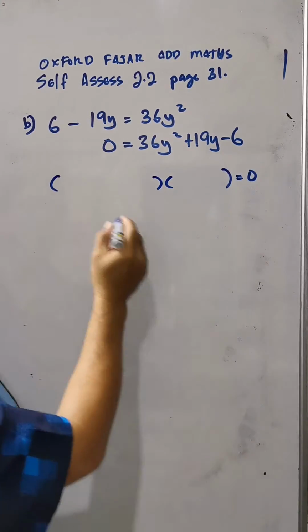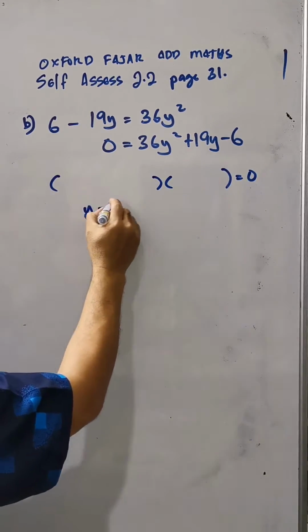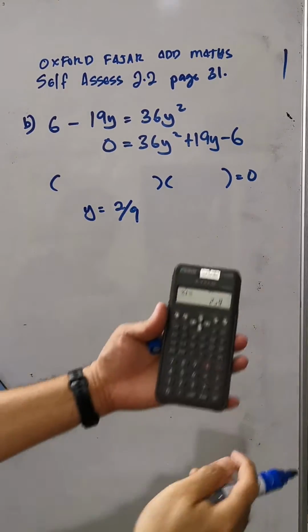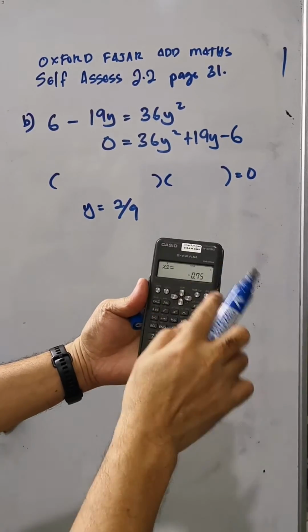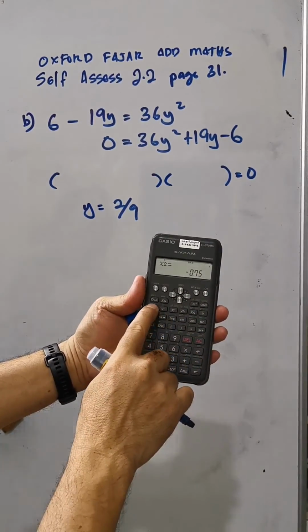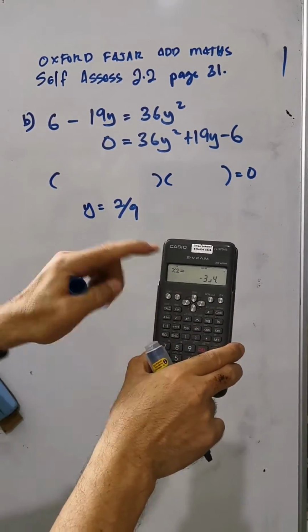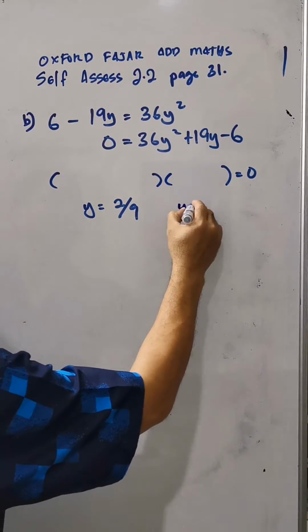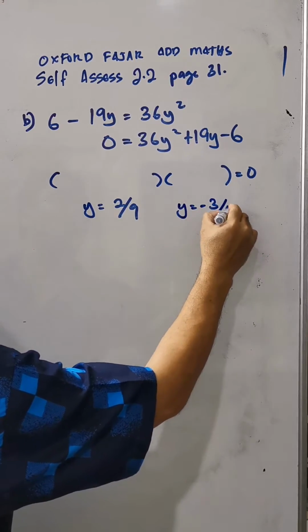So write down here y equals 2 over 9. Then I press equals again. They will show negative 0.75. So I press again, it changes to negative 3 over 4. So the other y will be negative 3 over 4.